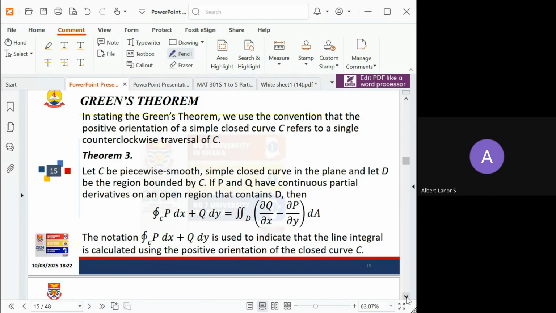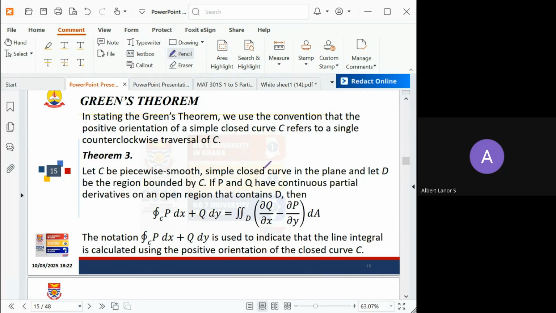It helps us do a lot more line integrations than the ones we have done earlier. Once you are able to formulate the Green's problem, you get exactly what you want, and it's faster and also easier.